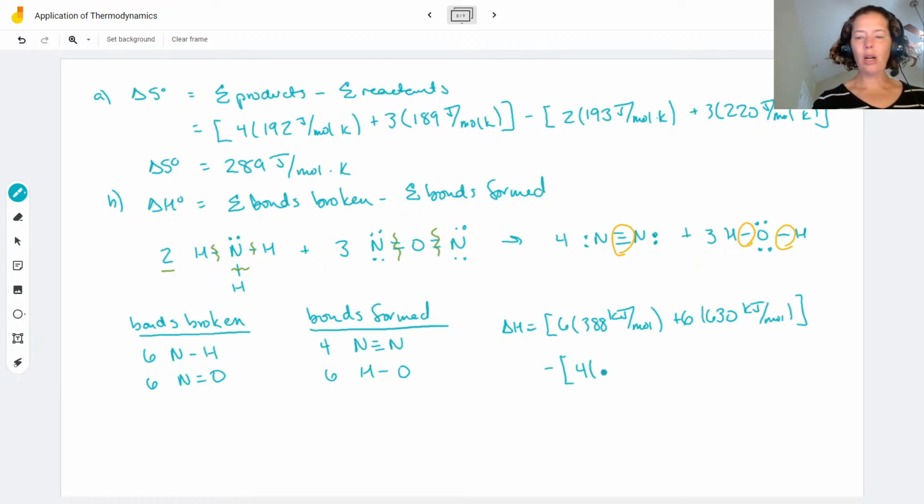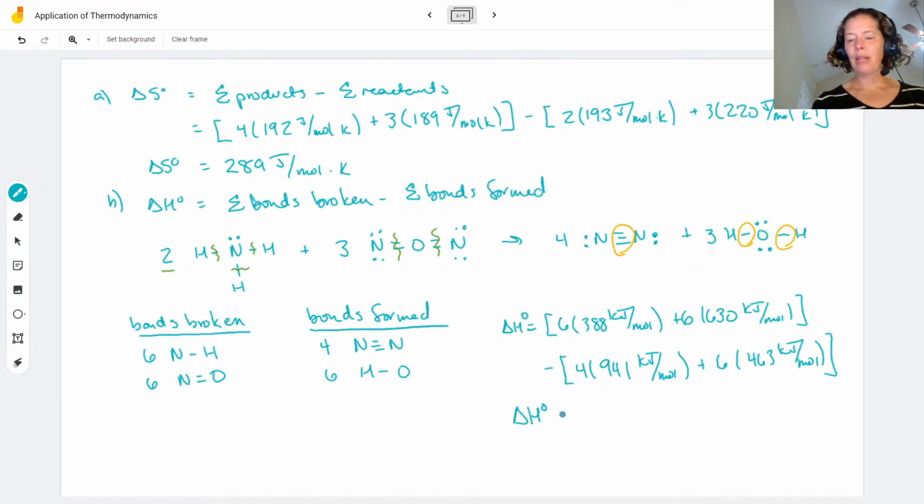We have 4 nitrogen bonds, again those are the triple bonds, and we have 6 oxygen hydrogen bonds right there. And now that we've got everything in, it's pretty simple to just pop this into your calculator.